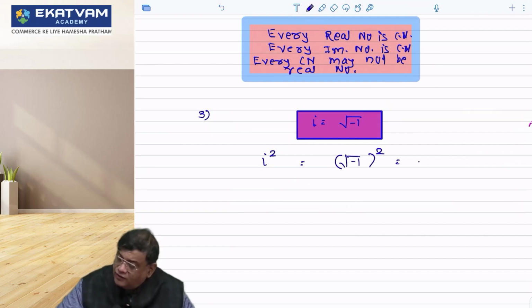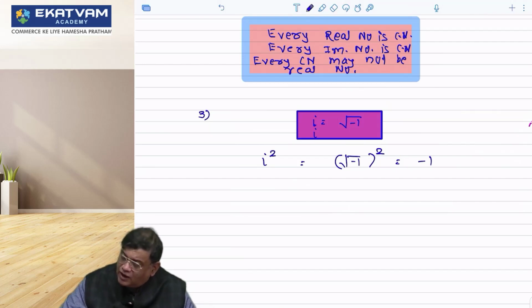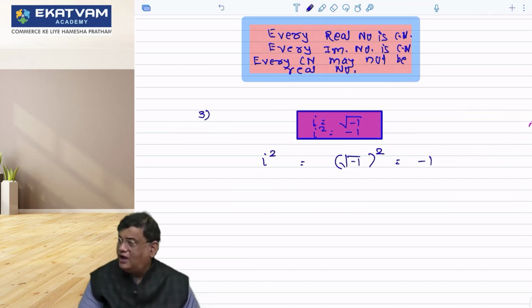My root and square will vanish, and you get minus 1. So because i is root of minus 1, i square will be minus 1. If you square root of minus 1, the root goes away, and you will be getting minus 1.